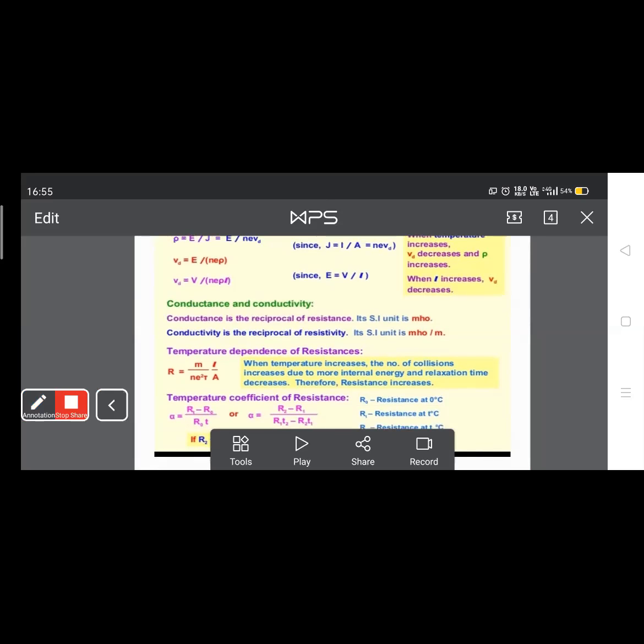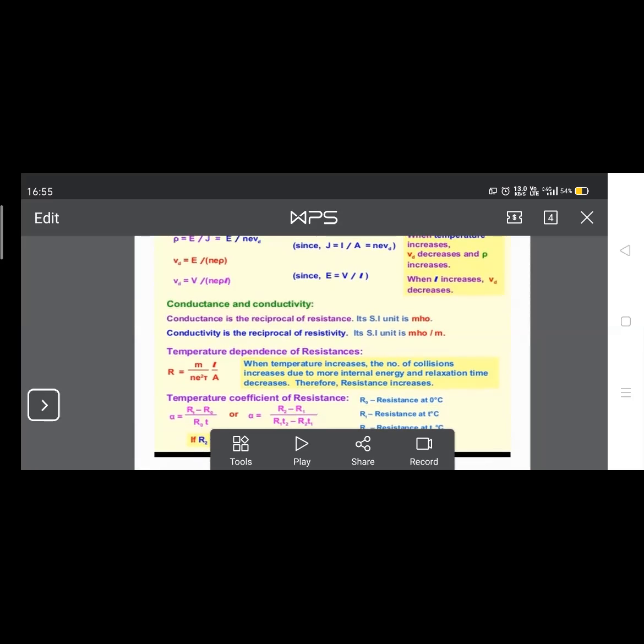Now conductivity, what is conductivity? Conductivity is the reciprocal of resistivity. You have already known what resistivity is. Resistivity is the resistance when the length is 1 meter and the area of cross section of the conductor is 1 meter square. Clear?